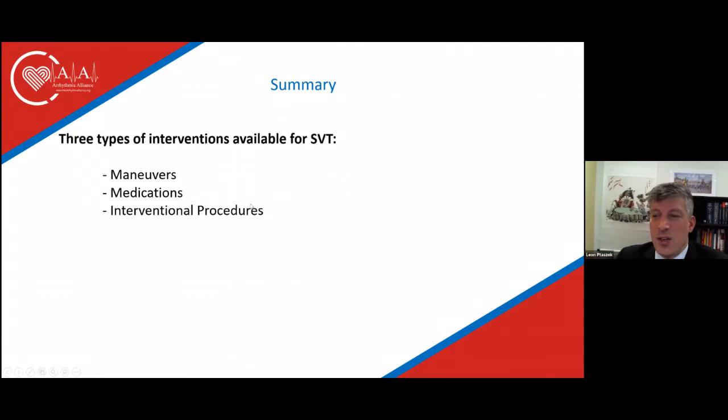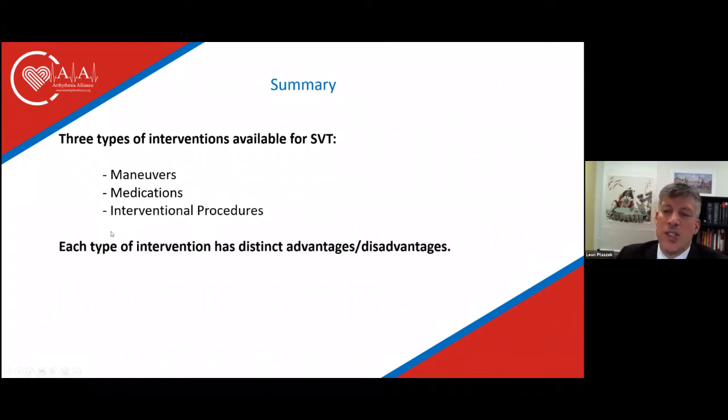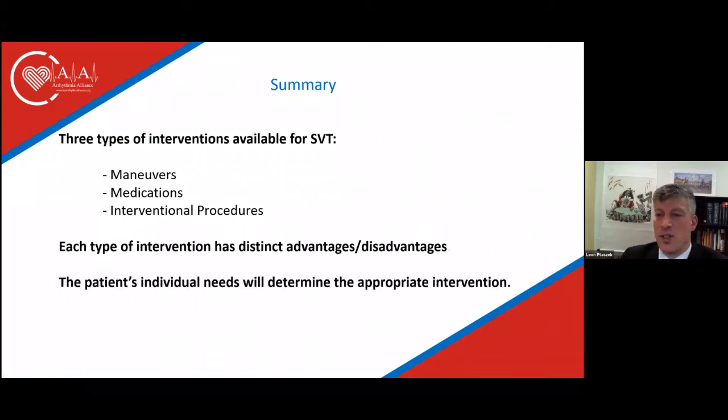And last is the interventional procedures or the ablations that can be performed to alter the substrate that's responsible for your arrhythmia. Each type of intervention has a distinct set of advantages and disadvantages, and the patient's individual needs will ultimately determine the appropriate intervention in their case.